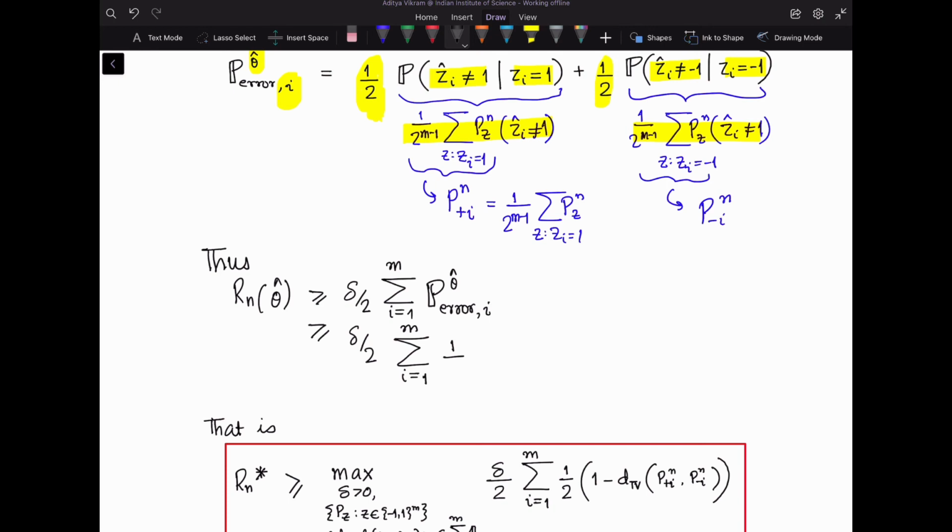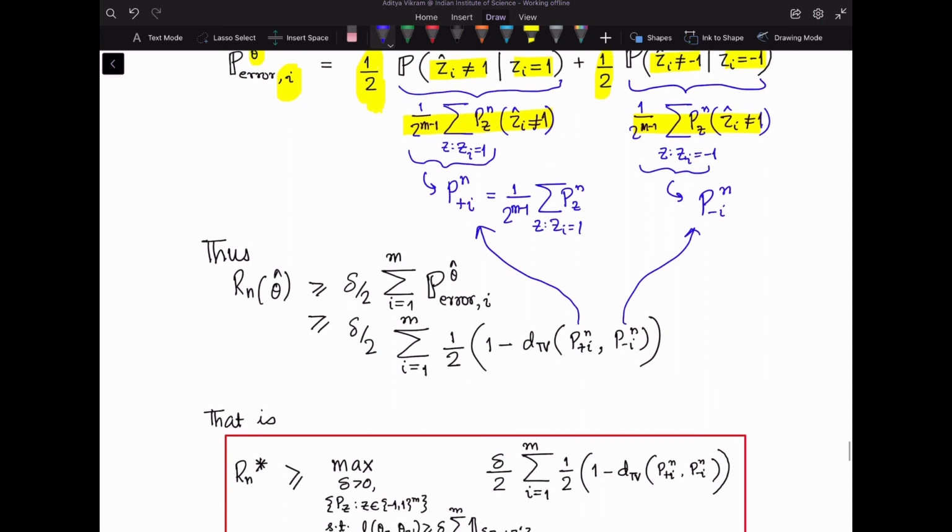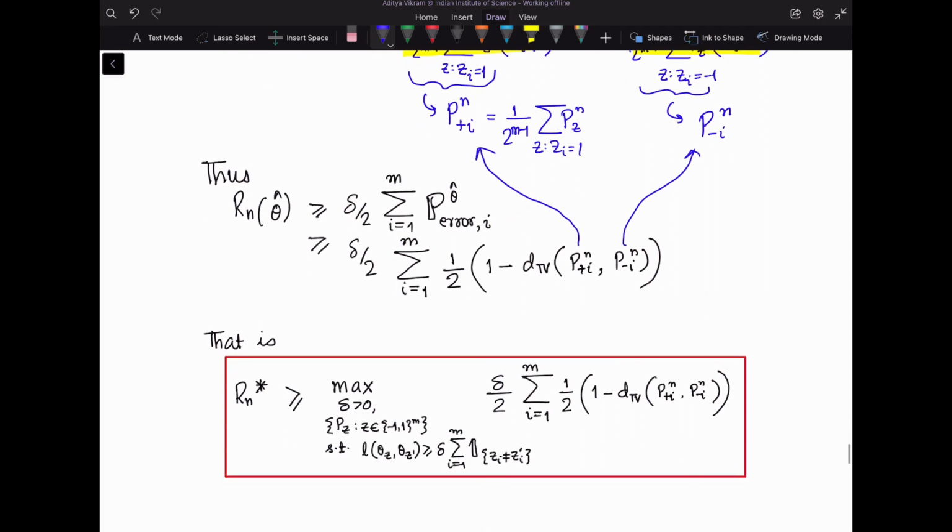Each probability of error would be lower bounded by this quantity, involving p plus i n and p minus i n, where p plus i n is just this distribution and p minus i n is this distribution. This is the fundamental limit, which holds for each i.